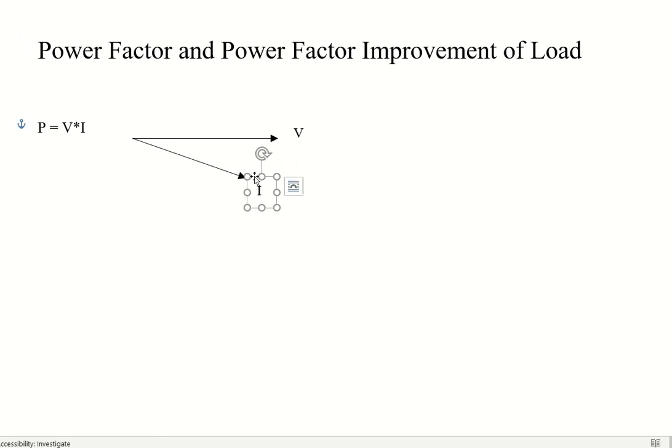There is some angle between these two, and if we call that angle phi, then the cosine of the angle between the voltage and current vector is called cos phi, and that cos phi is called the power factor of my system.